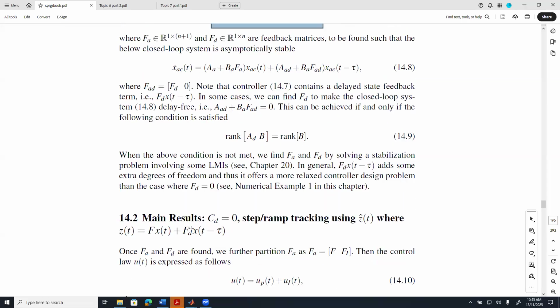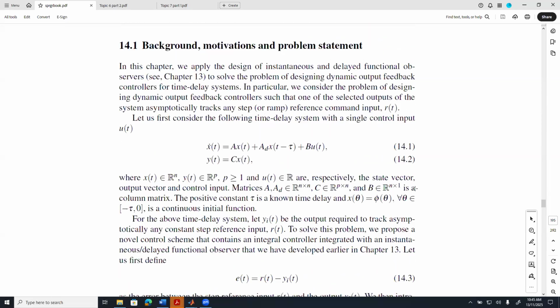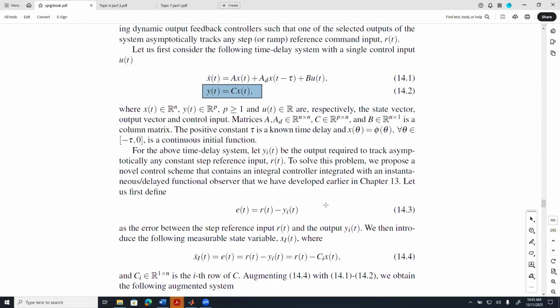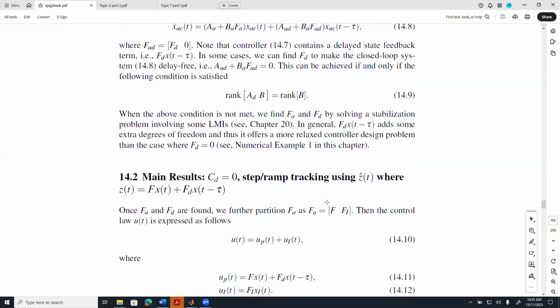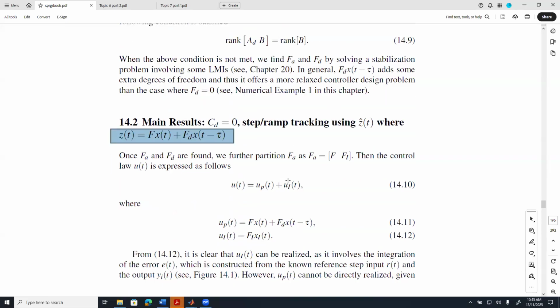So in this chapter, we discuss two cases. The first one is we look at the time delay system where the output measurement vector does not contain a delay term associated with the state vector. All right, so that's the first bit. And we want to realize this generalized functional observer for the system. And so naturally, what we do is partition the feedback matrix Fi and Fd.